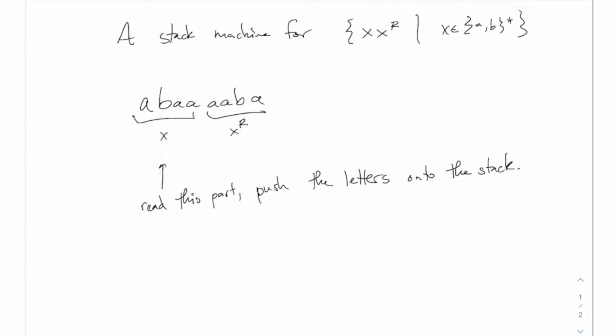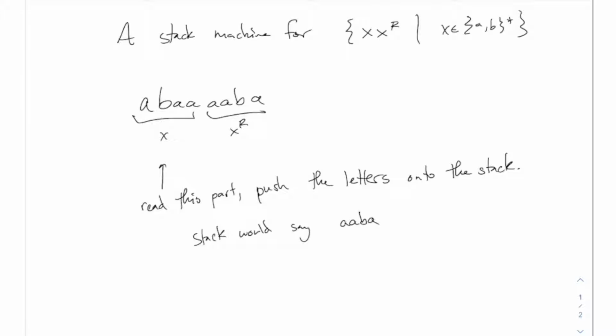After you read the first half there, the stack would say AABA. Because of the way the stack works, you're putting stuff on the left every time, it ends up on the stack in the reverse order, right? And then, when you start reading the second part, you can just pop each corresponding letter one at a time, and the stack will just disappear down to nothing, which is exactly what you want.